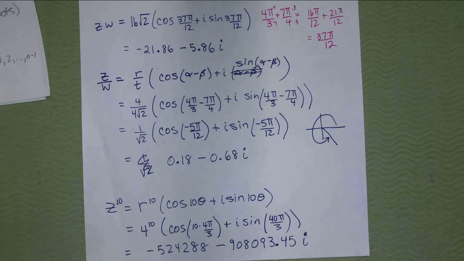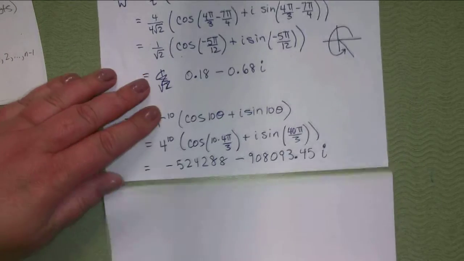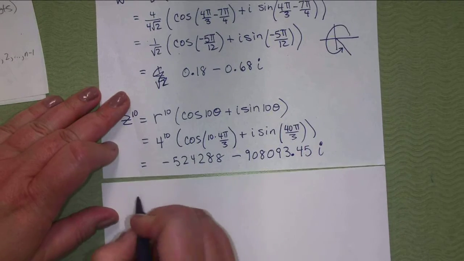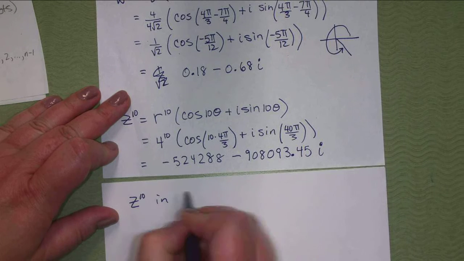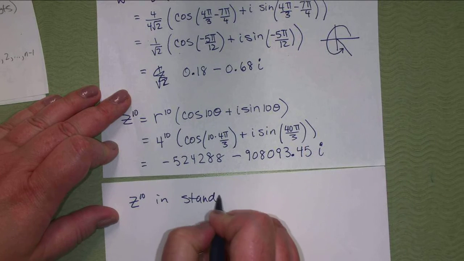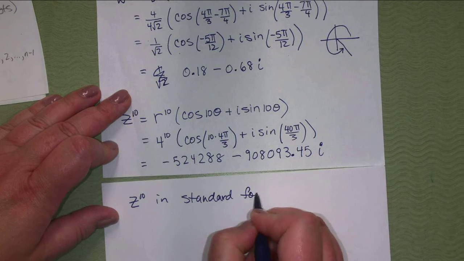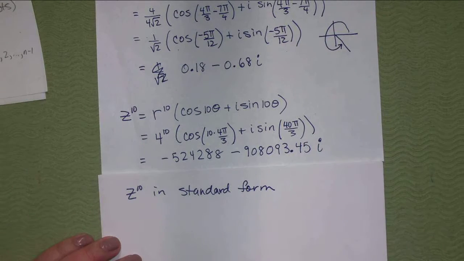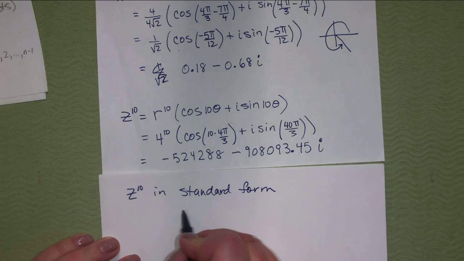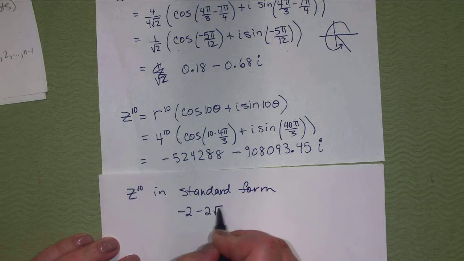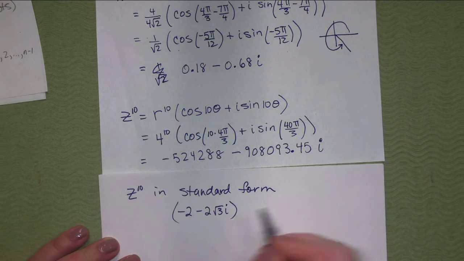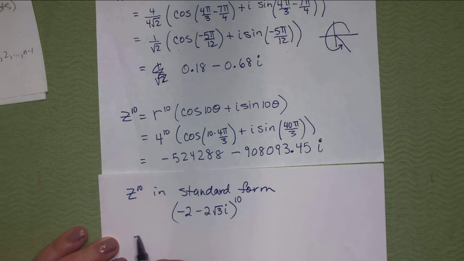Right, if we were to do z to the 10 in standard form, what was our z in standard form? Z was minus 2 root 3i to the 10. So you would write that out ten times.